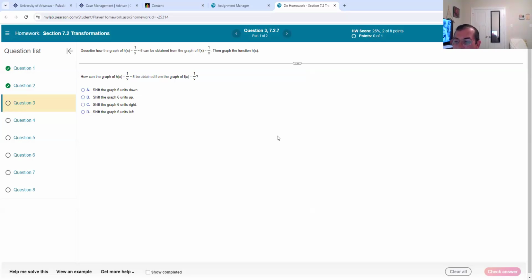So y'all, here's the question of the day. You're subtracting 6 from that function. It's not in parentheses. That 6 is just being subtracted at the end of the function. So would y'all pick A, B, C, or D? Are you going to go down, up, right, or left?